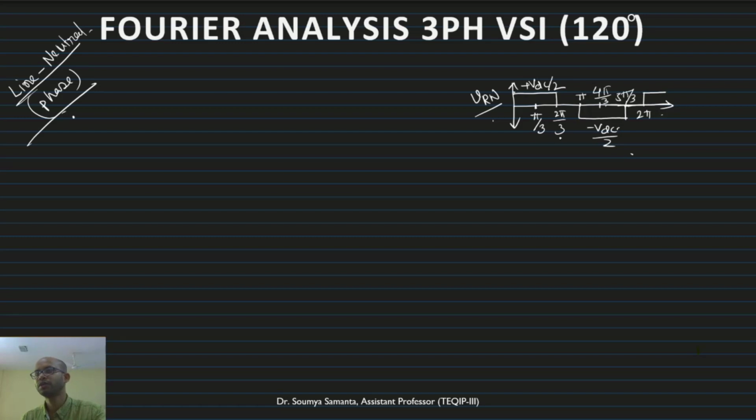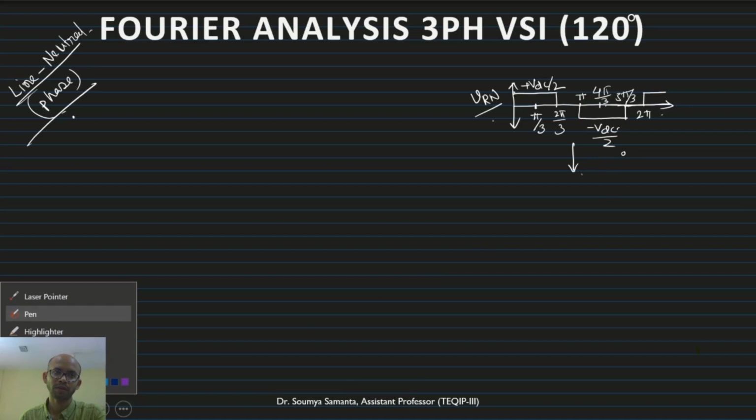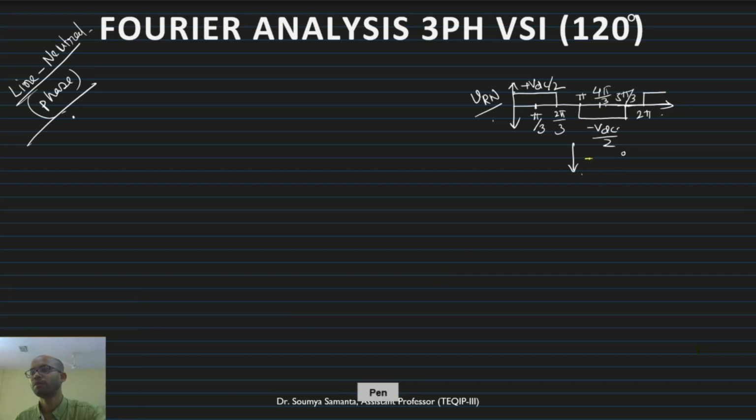So here also, in a similar way to what I did previously, we will shift this to the right by 30 degrees. Okay, let me change the color, that will be easier for us to understand. So minus 30 degrees, that is pi by 6.